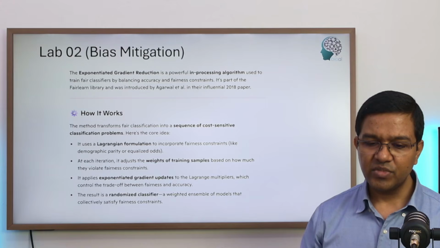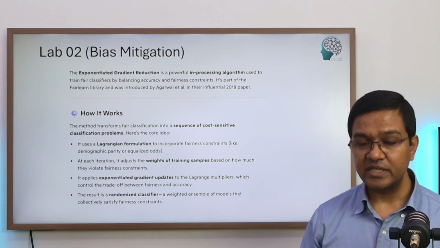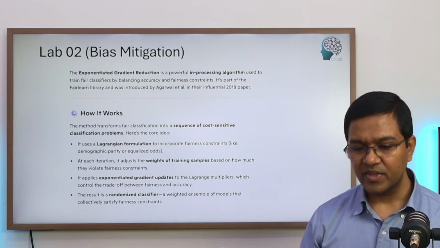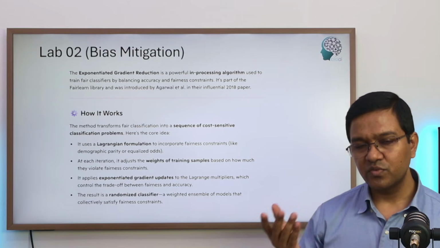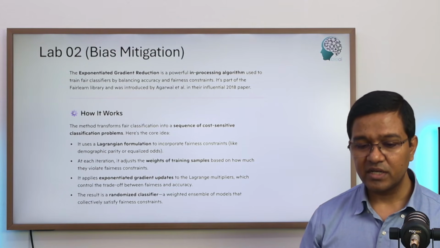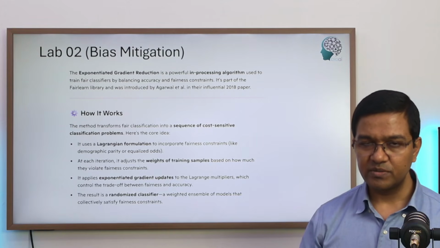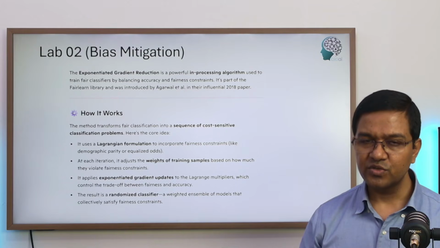The other method is an in-processing algorithm called exponentiated gradient reduction, which we can use during training to make the classifier fair by balancing the accuracy and also imposing the fairness constraint. This is also in the Fairlearn library.